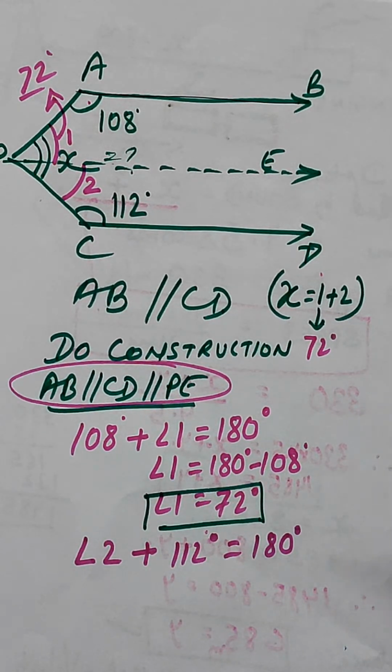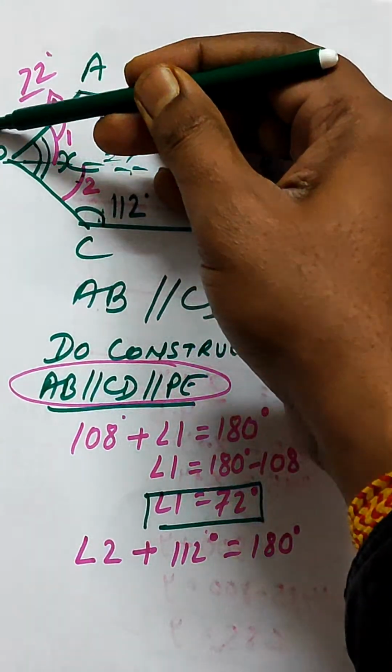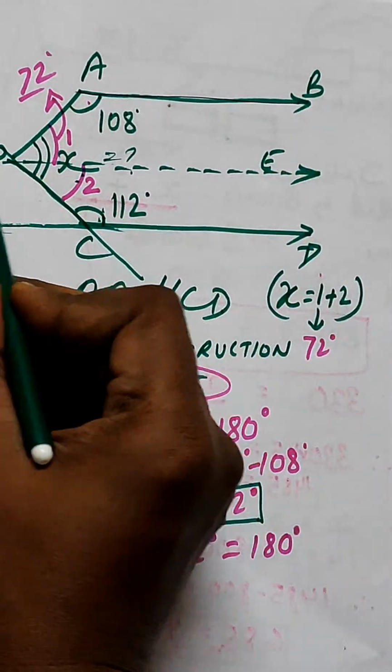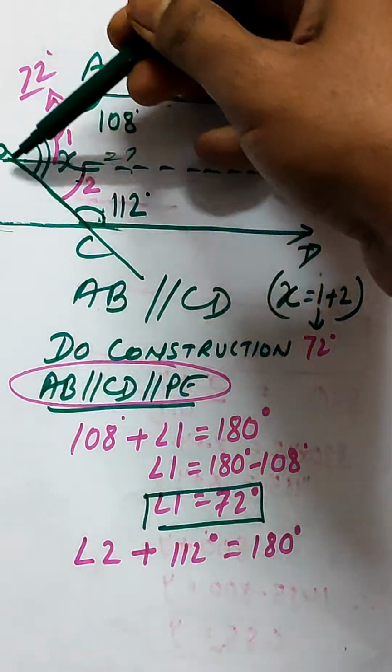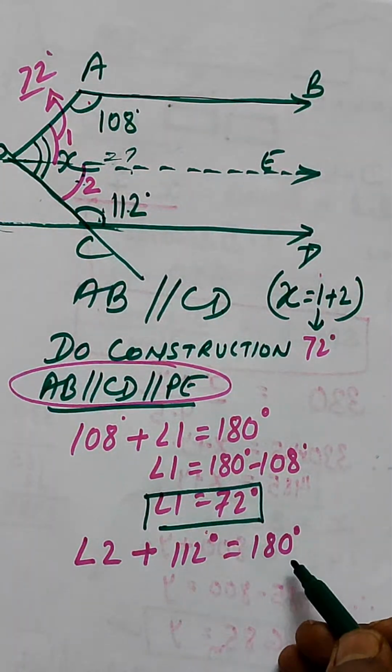Why? Because these are co-interior angles between two parallel lines. PC is the transversal, you can see this is the transversal, and these are two parallel lines. So this is cutting like this. So angle 2 plus 112 is equal to 180 degrees.